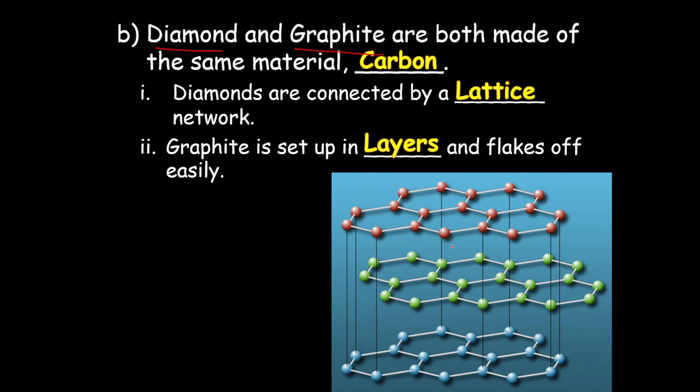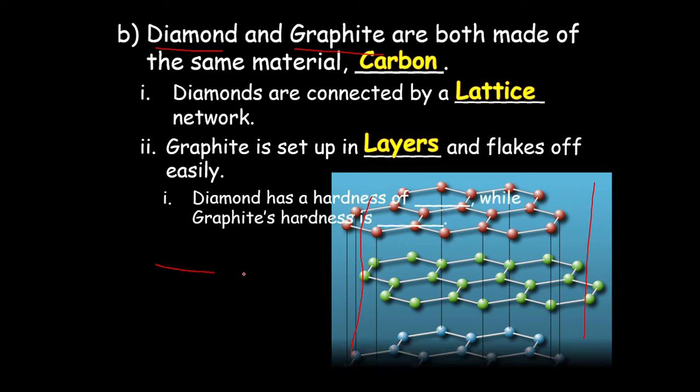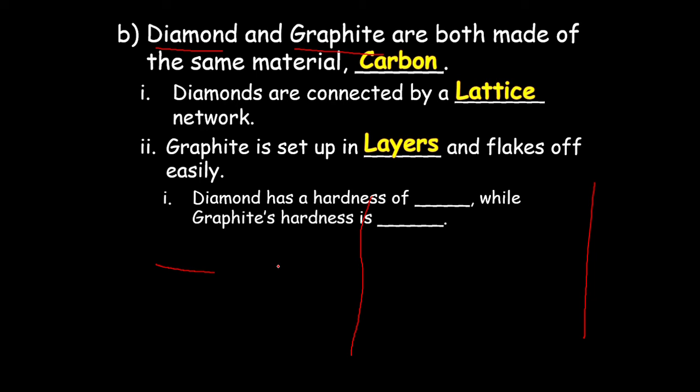So if you take a look at your pencil, this is essentially the shaft of your pencil going straight up, and these are the layers of graphite. When you drag your pencil across the paper, like I'm doing here on the left, this is one layer, this is another layer, this is another layer, and they flake off and give you that grayish, blackish line when you're writing with the pencil. So what is the hardness of a diamond?